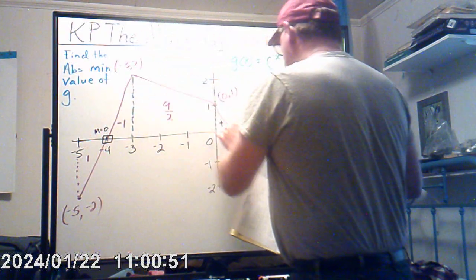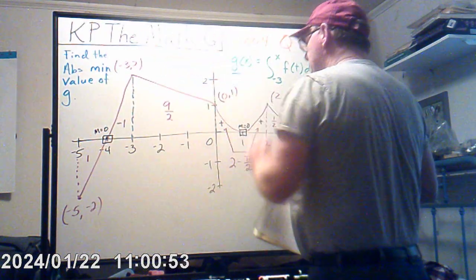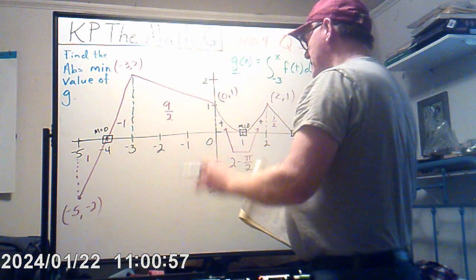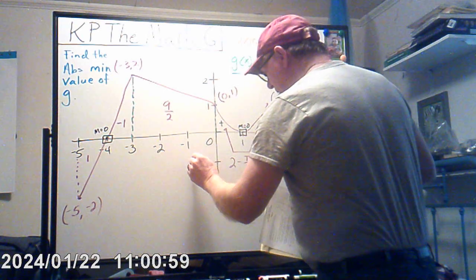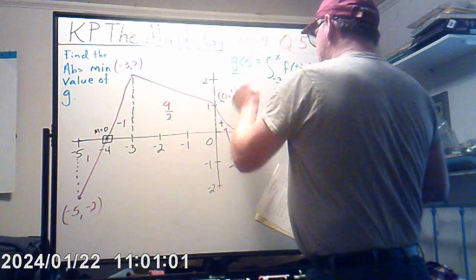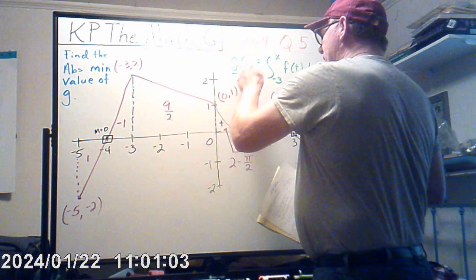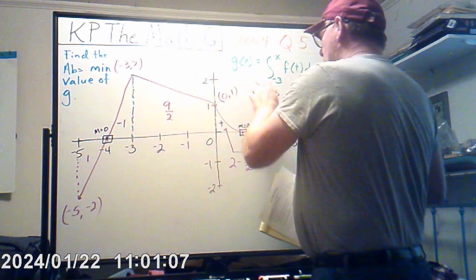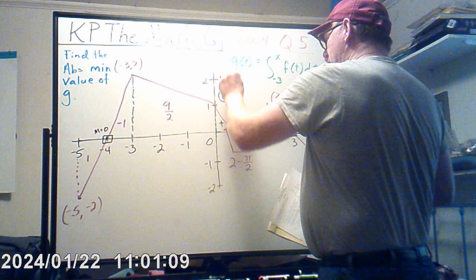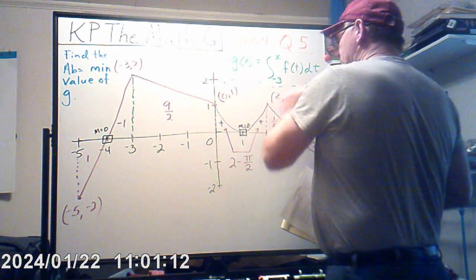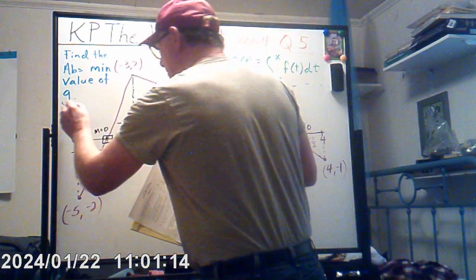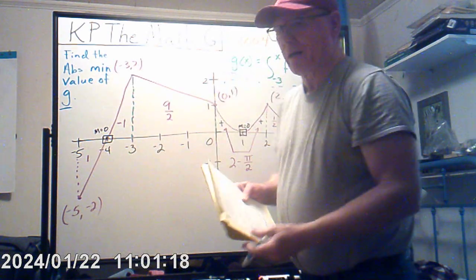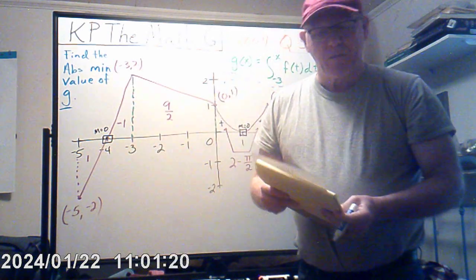This function right here is G. Actually, this function is F, but that's only if we take the derivative of G that we get F. So we're going to use this function right here, since it says the value of G, we've got to use G to find our maxes and minimums.